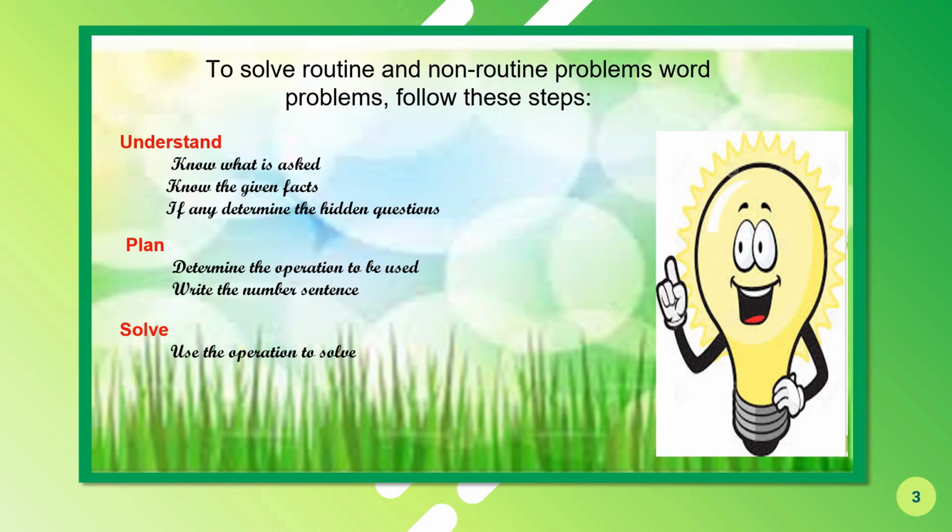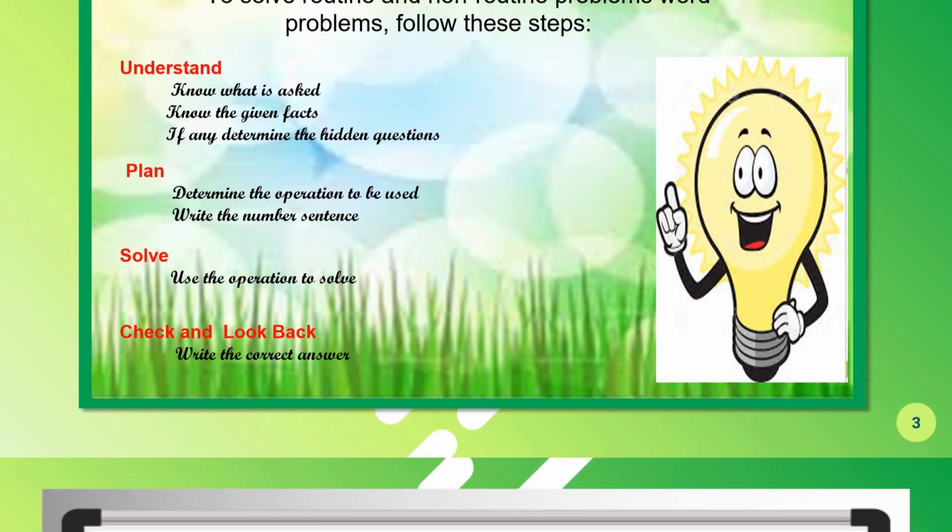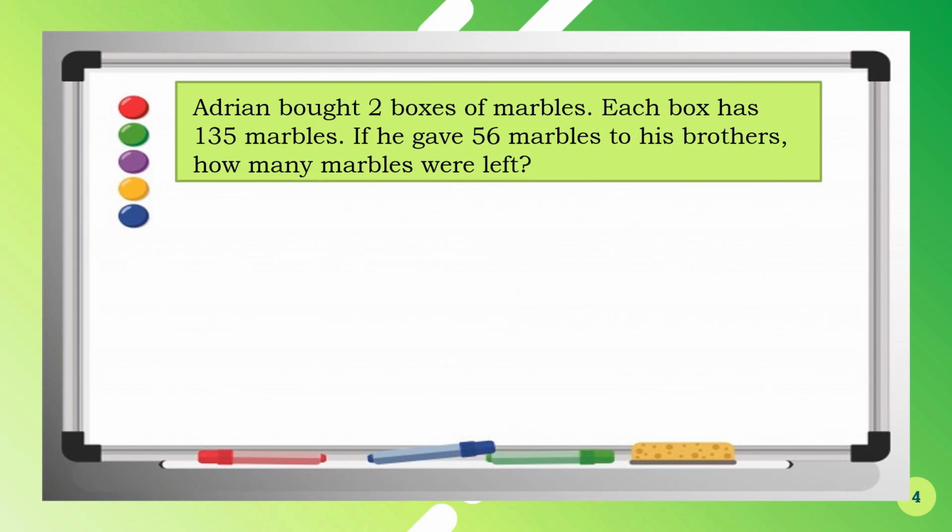Use the operation to solve. And step 4, check and look back. This is where we write the correct answer in complete sentence. Take note of these important concepts because we need that in solving multi-step word problems.